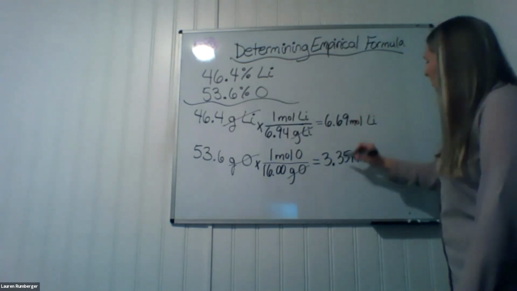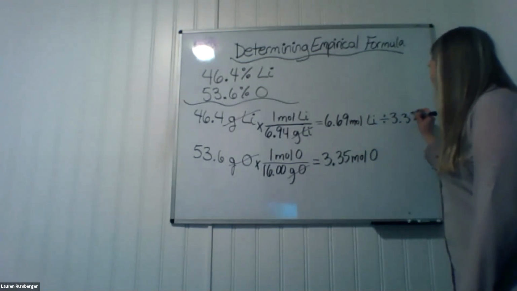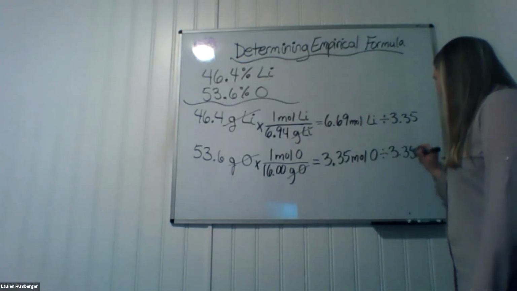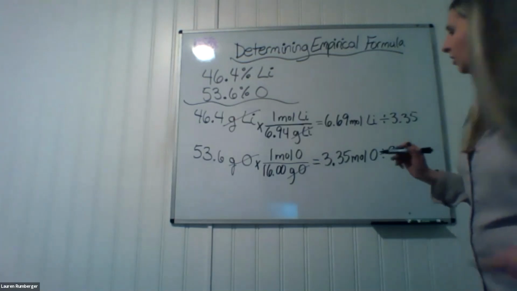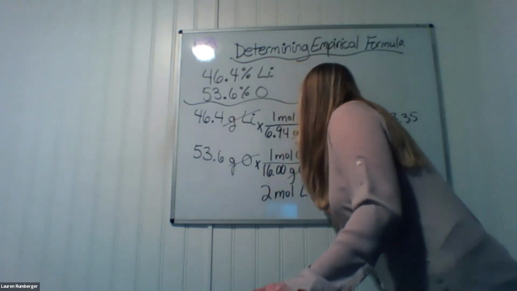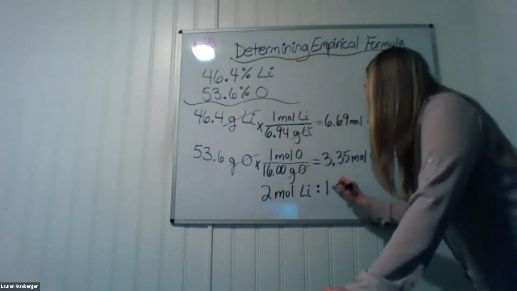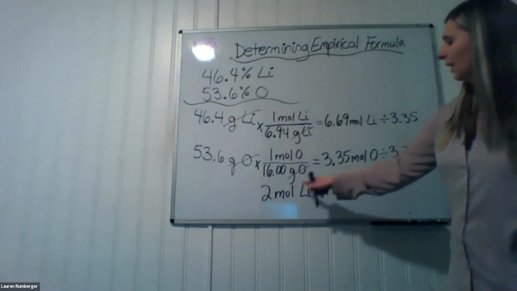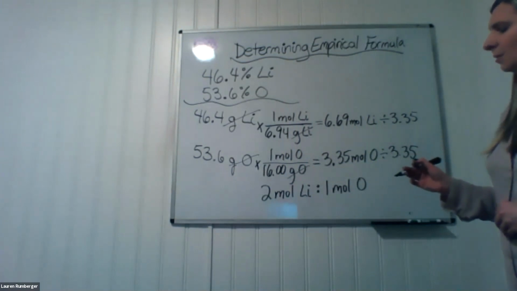So I'm going to divide both of these by 3.35. And what this gives us, when you do your calculation, is 2 moles of lithium per every 1 mole of oxygen. So that's the whole number ratio between the elements.